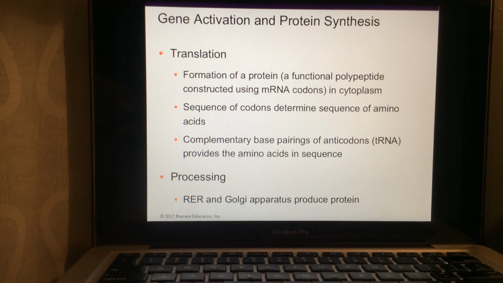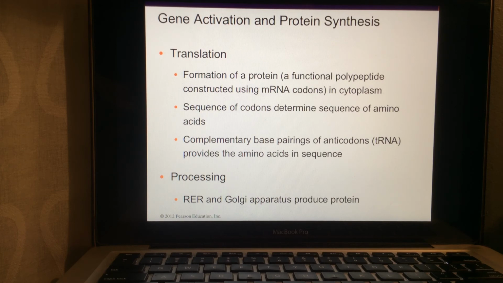The formation of a protein is done by translation, and this will help translate the message into something that we can understand, into the language of proteins. So when we talk about transcription, it's writing down just from the DNA. It's done in the nucleus by RNA polymerase, the enzyme, and you create a strand of messenger RNA. When we talk about translation, it's basically translating the messenger RNA into understandable terms to create a protein.